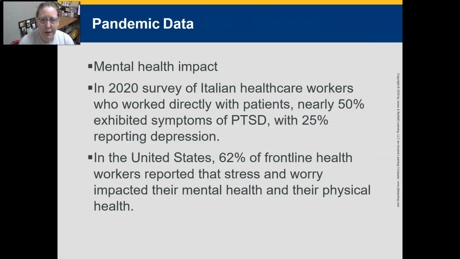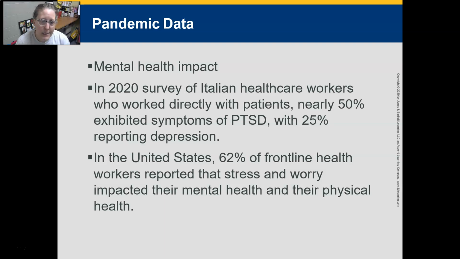We're going to look briefly at pandemic data. So, the mental health impact of the COVID-19 pandemic. In a 2020 survey of Italian healthcare workers who worked directly with patients, nearly 50% of those surveyed exhibited symptoms of PTSD, with 25% reporting depression. Now, Italy was very severely hit with the COVID-19 pandemic.